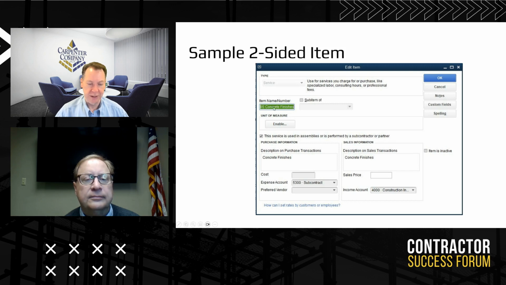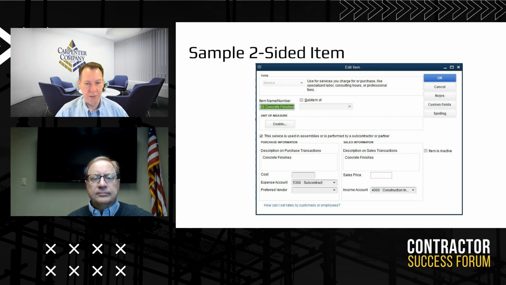And so this particular concrete finishes, in this particular case, would have been mapped to a subcontract. It's mapped to an expense side of it. But when we actually check this little box, and there is a corresponding box in QuickBooks Online used for sub-assemblies and all that stuff, that allows us to get what I refer to as these two-sided items, so we can also point it to the income.